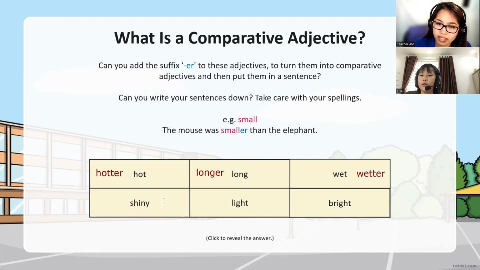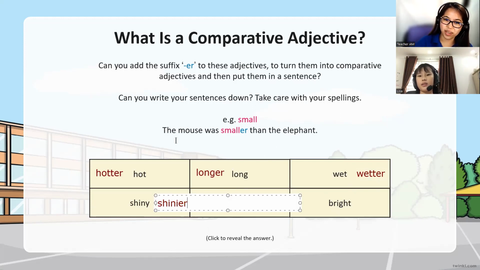Shiny. Put out Y and write IER. Yes, very good.